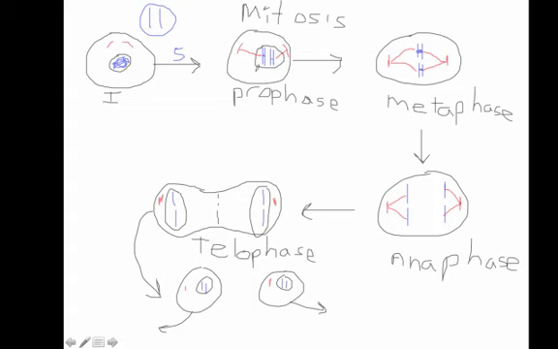All 46 chromosomes are being attached to spindles, are being lined up during metaphase, are being separated during anaphase, and then are being packaged into new nuclear envelopes in telophase. And this has to happen in a very coordinated and efficient manner in order to make sure that these new cells have a full complement of all the necessary chromosomes.